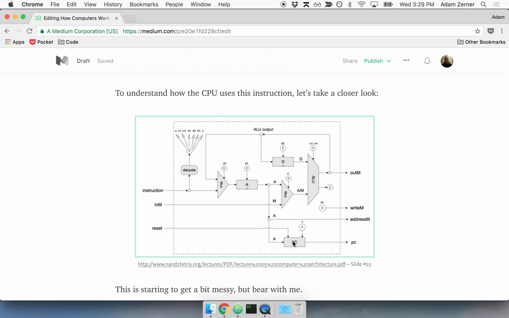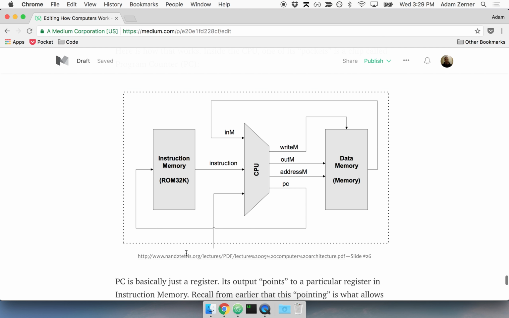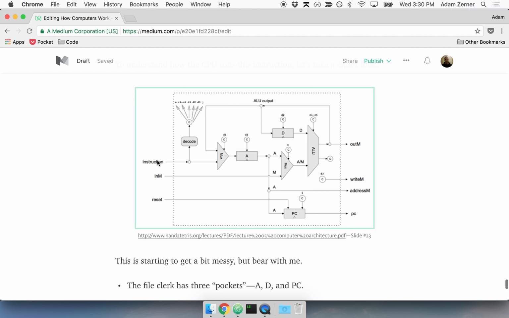Then for the next instruction, 3040 gets outputted through that wire and fed into the instruction memory, and it's going to point to register number 3040. So the next cycle, the contents of that register are going to be fed into the CPU. Then they're split up into their components and used to do the next computation.